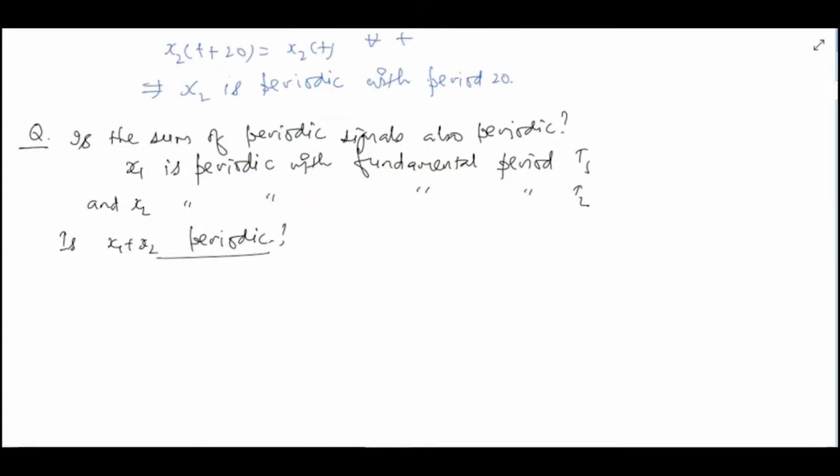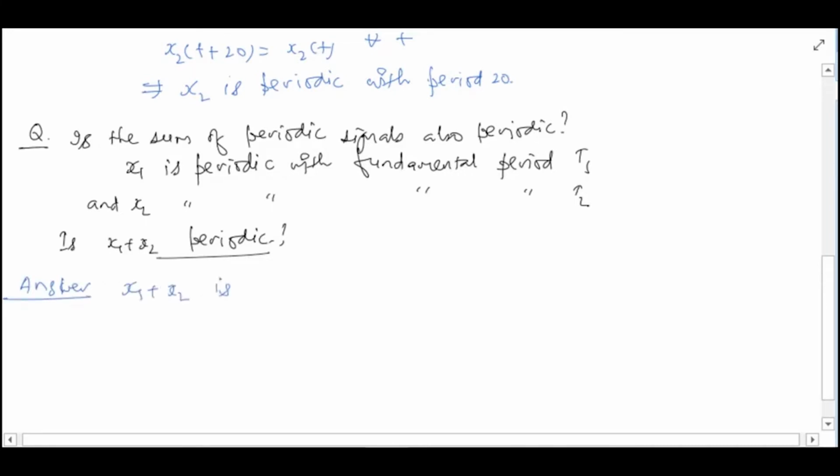Here is the answer. x1 plus x2 is periodic if and only if T1 by T2 is rational.